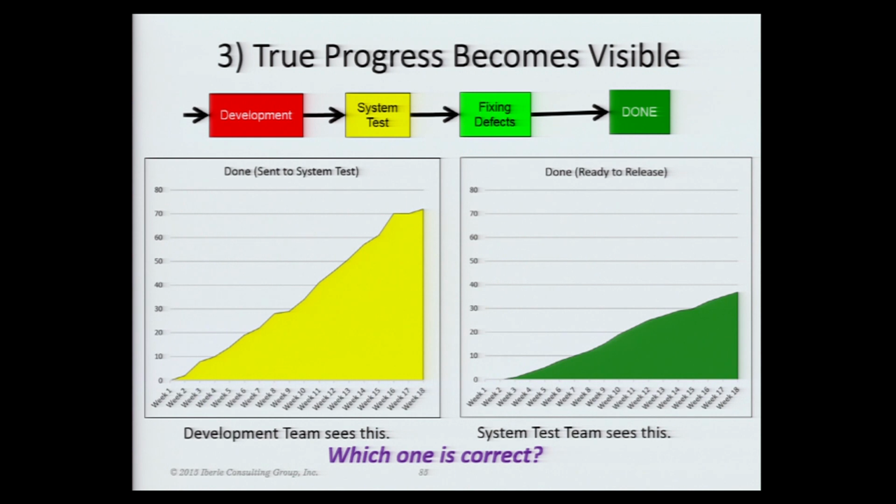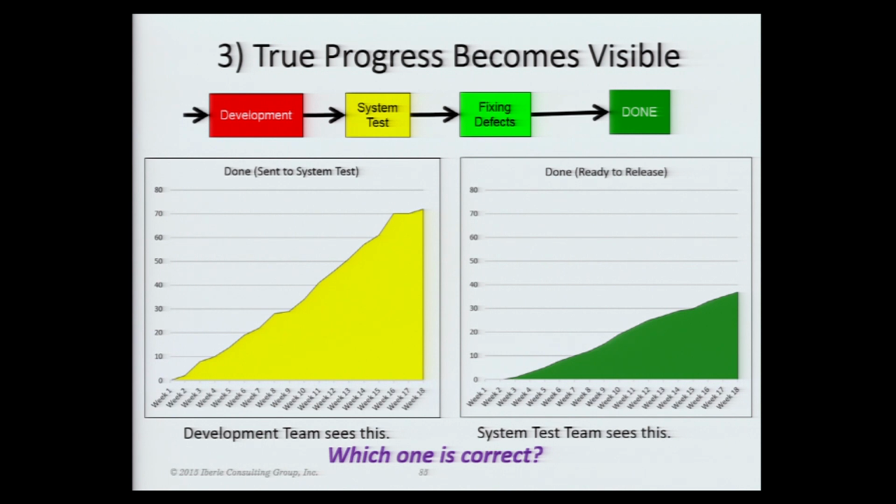Okay, so this is what happens if you do velocity measurements. This is a group that's doing development, and then they send stuff to system test. And if you find defects and it has to go back, this group's actually tracking that as another state. So it's gone through its first round of system tests, then it's going into fixing, then it's going into done.